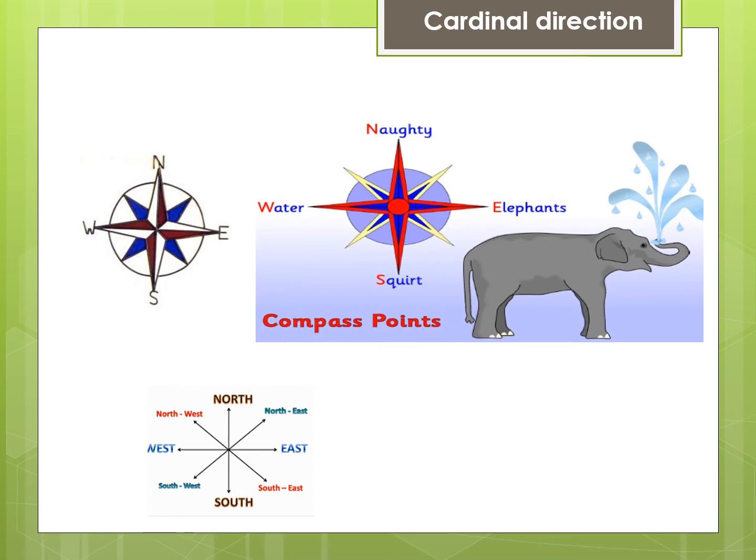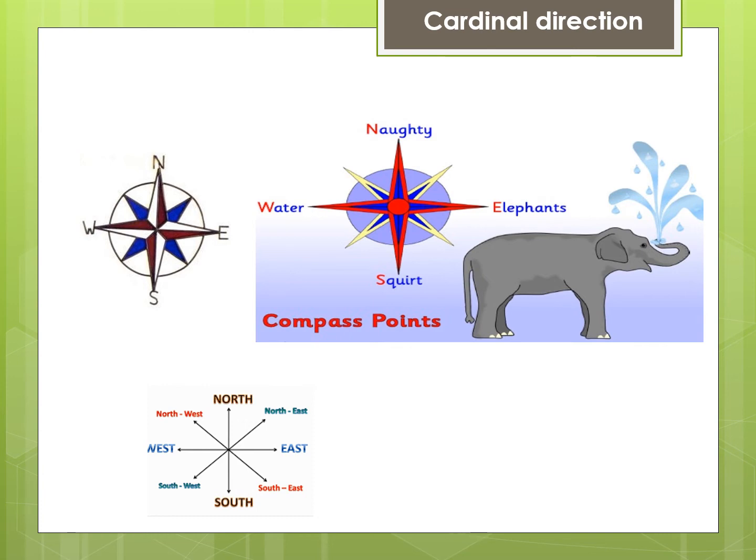More about cardinal directions. So, the easy way to remember where to place north, east, south and west is to look at this naughty elephant. As you can see, naughty elephants squirt water, and N, E, S and W are in red.